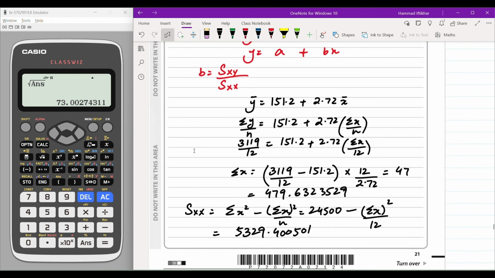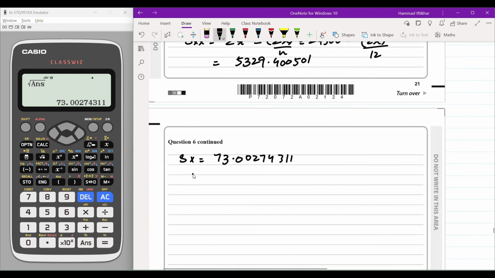Right, okay. Now we need the capital Sxy, which we will get from the 2.72, because Sxy divided by Sxx is equal to b, which is 2.72.